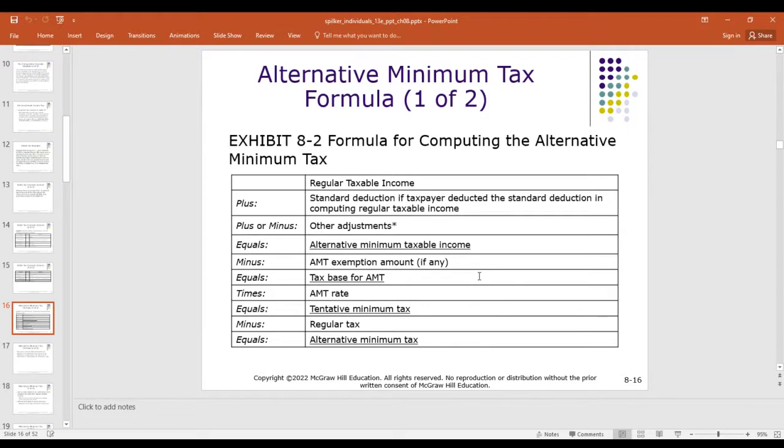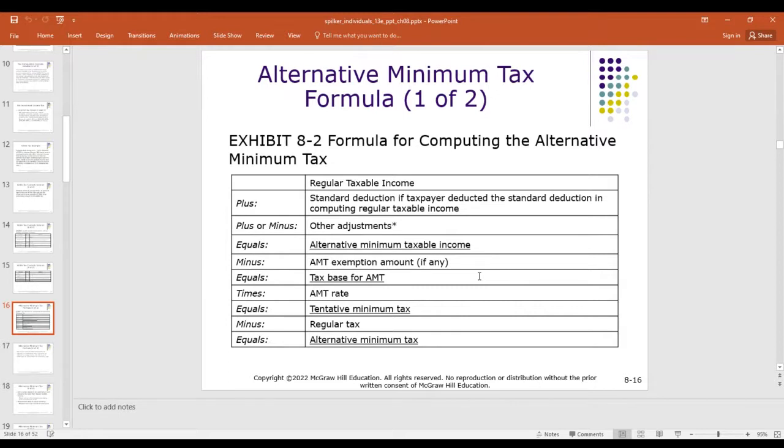We then are allowed to deduct an exemption amount. They're listed on page 8-11, and it's based on filing status. And once our alternative minimum taxable income gets to a certain level, we phase out the exemption. We'll take a look at a quick example there. But once we subtract that exemption, if we are allowed to, we have what's called our tax base.